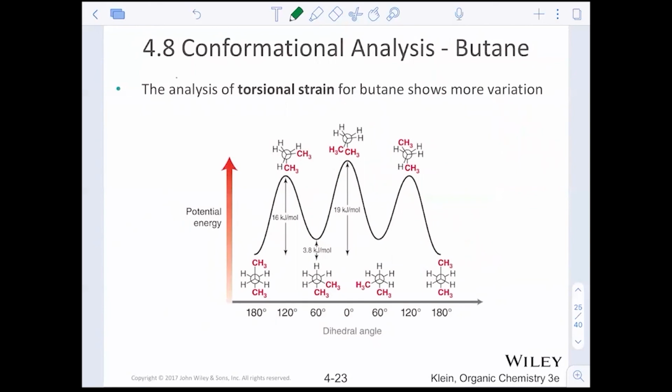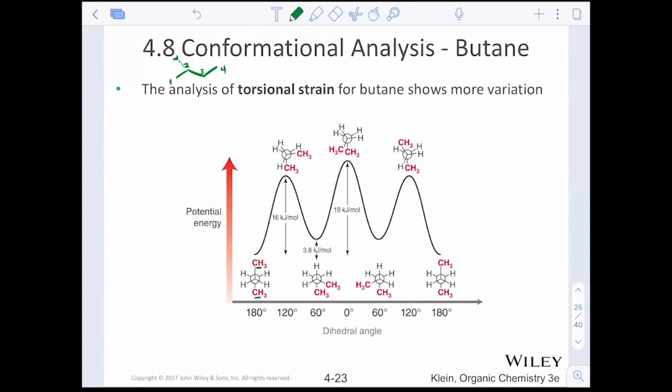Okay, let's go to butane, 4 carbons. Now again, we can see a couple of different things here. When the 2 methyl groups are spread out, we're looking down the carbon 2 to carbon 3 bond right there. In this conformational analysis, if we were to look down that bond, that's where our eyeball is. We see 2 different actual values here.